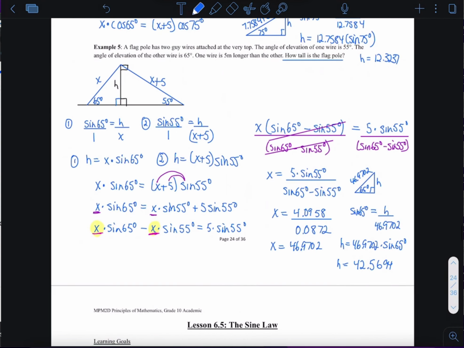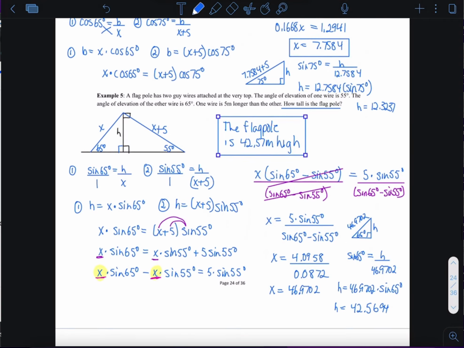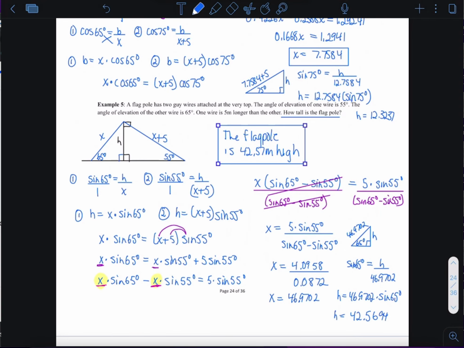So we are going to say the flagpole is 42.57 meters high. Okay. So a bit more in depth, and you can see that most of these questions have actually two right triangles involved together, and sometimes that means you need to use a system of equations. Okay, hopefully this was helpful, and good luck with the homework, guys.